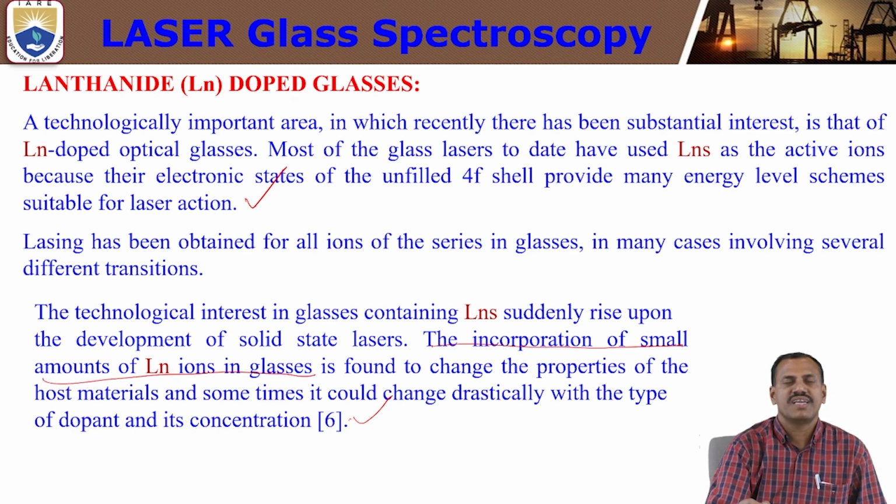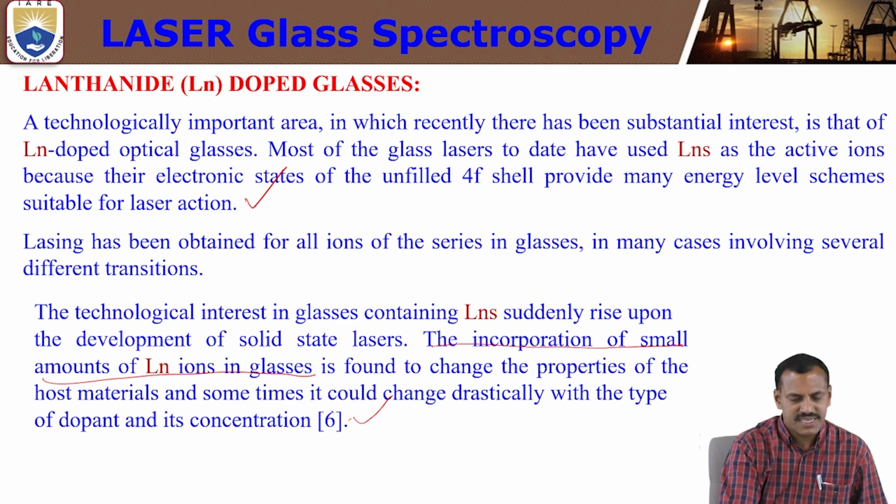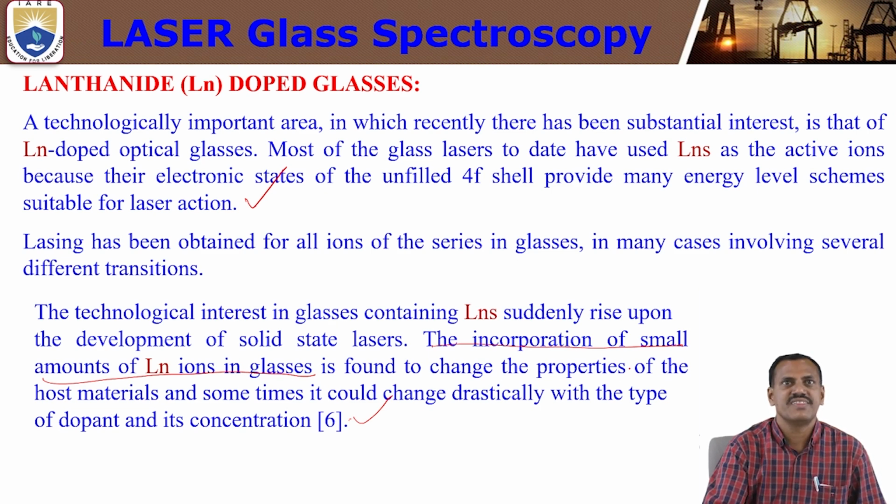We are adding only a low concentration, up to 1 mole percent or 2 mole percent or 0.5% also. So we are adding a low concentration of lanthanide ions in the glass host material. At that time, they are found to change the properties of the host material, and sometimes drastically, with the type of dopant and its concentration.